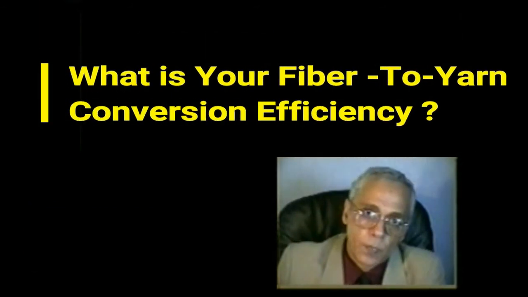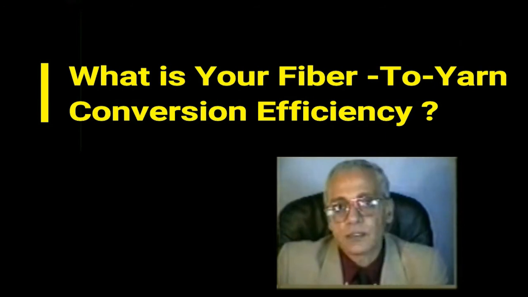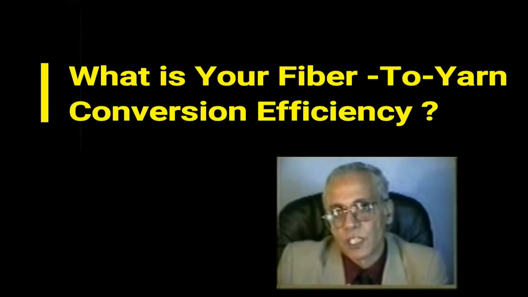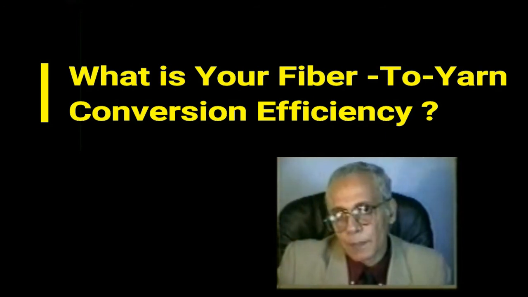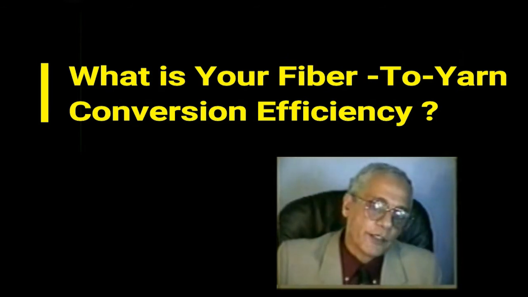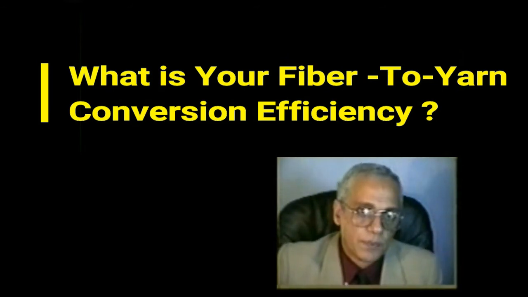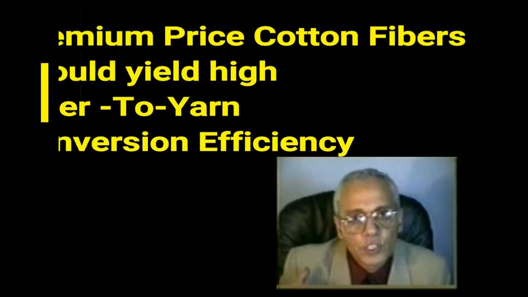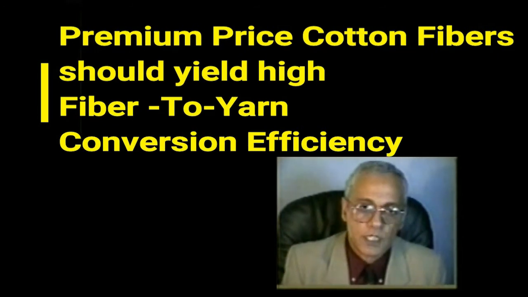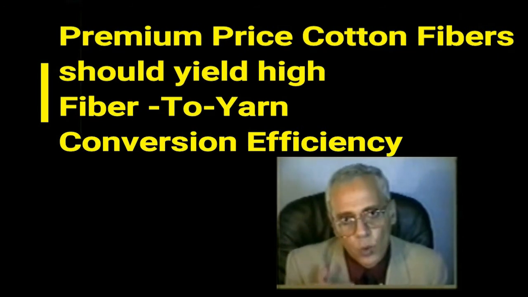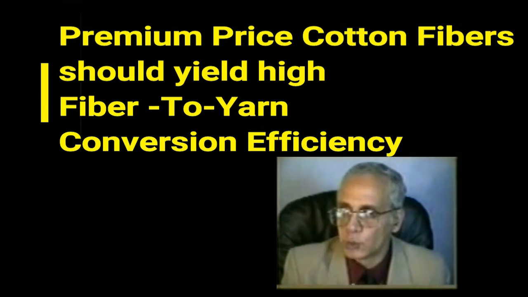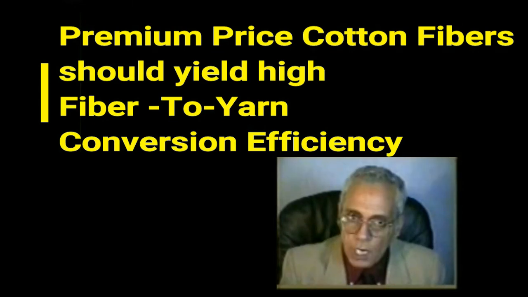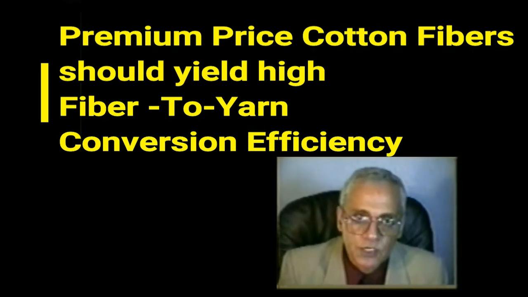This is a key issue, and we must look at this seriously, because if we're going to pay premium price for the fibers, then we might as well finish the job by trying to utilize the fibers to their ultimate potential in the yarn. In other words, do not buy high quality fibers and produce a low quality yarn. And believe me, this happens quite often in our industry.